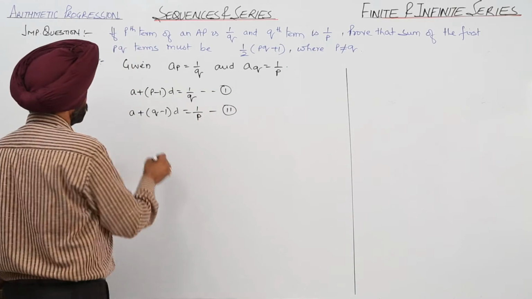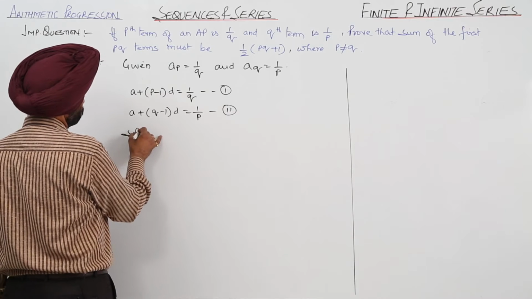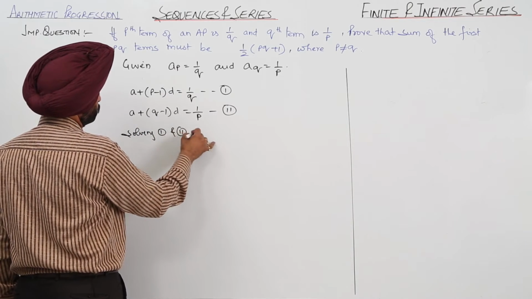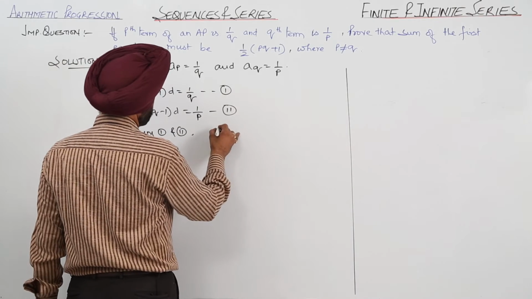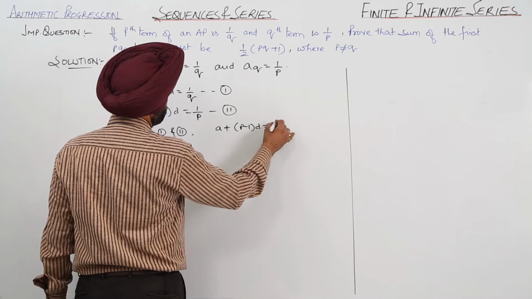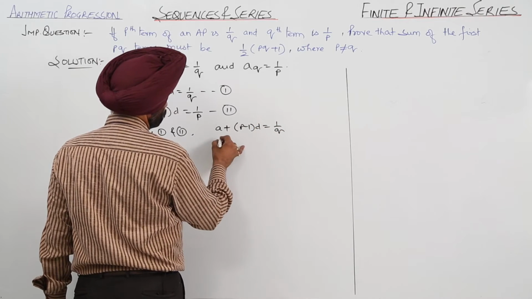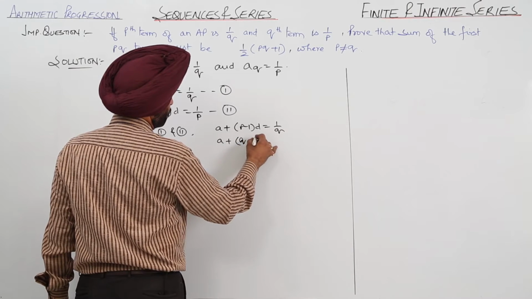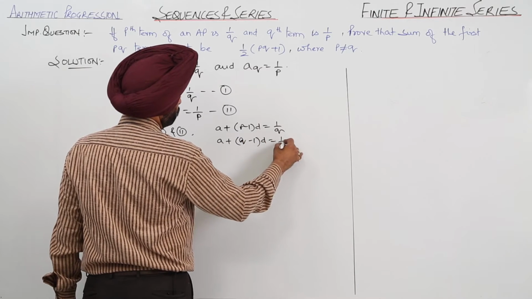Okay. Now, solving 1 and 2. Now, what we can write is: a plus (p minus 1) times d is 1 upon q, and a plus (q minus 1) times d is 1 upon p.